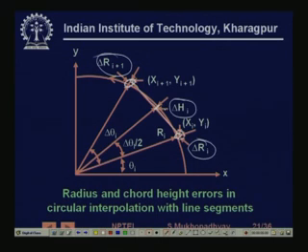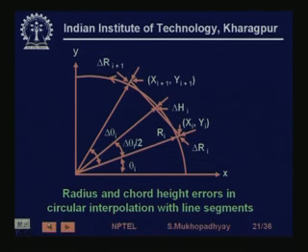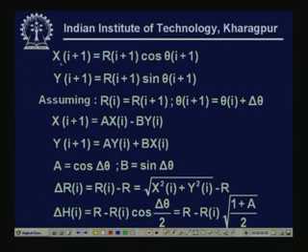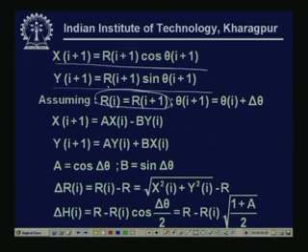Some elementary maths, simple trigonometry, will tell you the following. These are some simple relations which hold. For example, xi plus 1 equals ri plus 1 into cos theta i plus 1, and yi plus 1 equals the corresponding expression. Suppose we assume an interpolation strategy such that ri is equal to ri plus 1, and it may be a little different from the real r that we want.